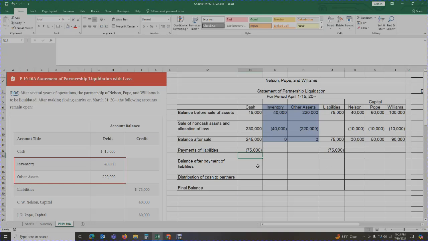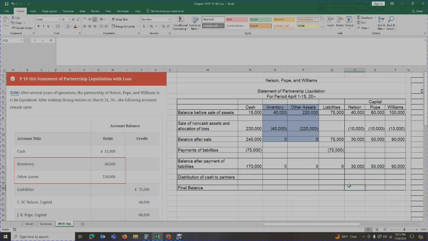After we're done, we're going to calculate a total again. We're going to get our balance after the sale, the $245,000, plus our payments of liabilities, and that will give me my ending balance as of that point. So that is the balance after the payment of liabilities. Once again, my formula has been entered on that cell, and I'm just going to drag it to the rest of the cells.